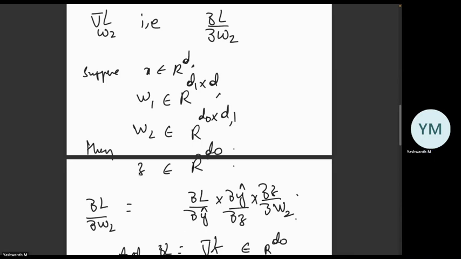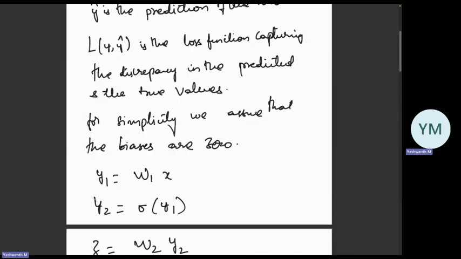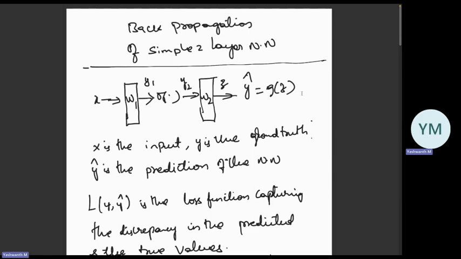To compute the gradient of loss with respect to W2, we have to backpropagate. The loss is computed with respect to Y hat.